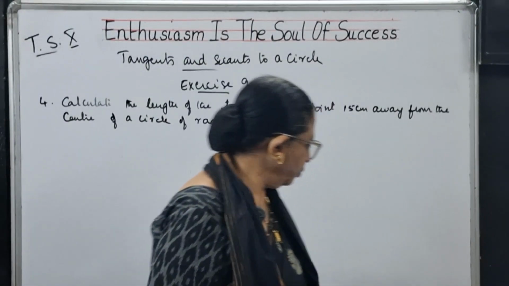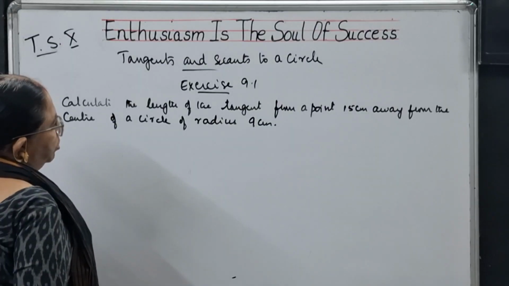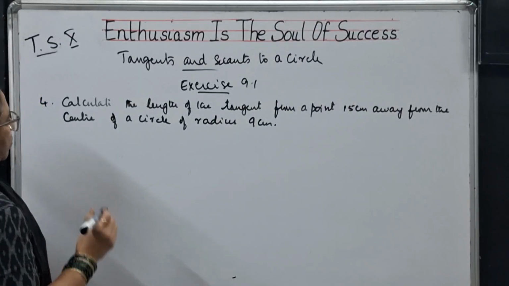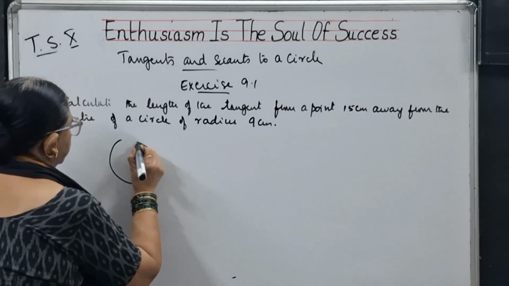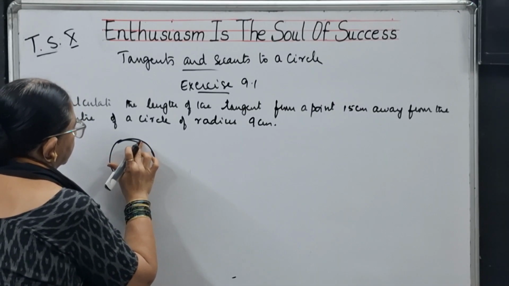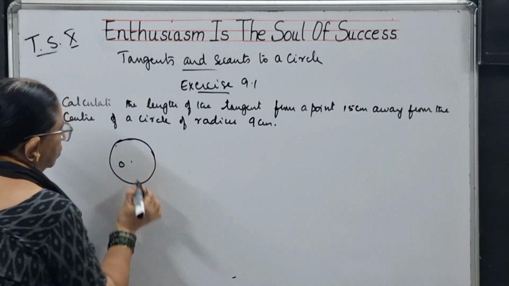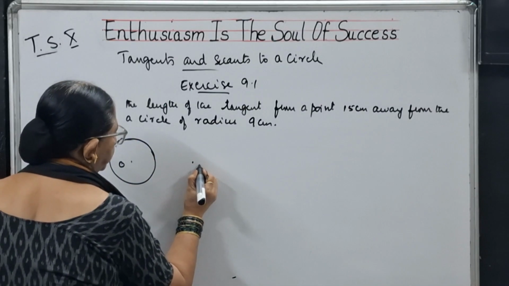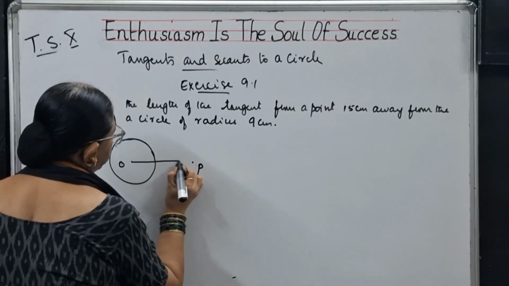Now, fourth problem, children. Calculate the length of the tangent from a point 15 centimeters away from the center of the circle. So, let me draw this. Let us consider that this is a circle with center O, and there is a point P which is 15 centimeters away from the center.